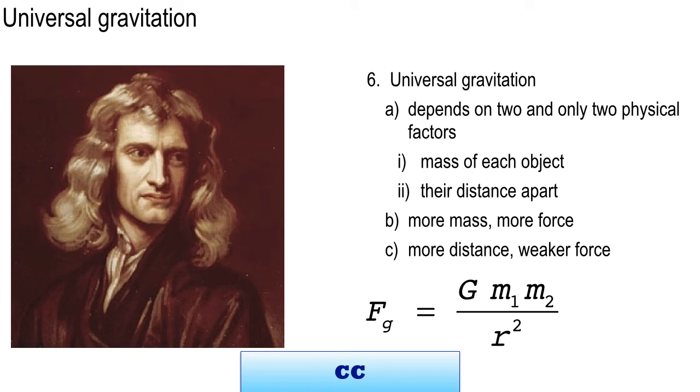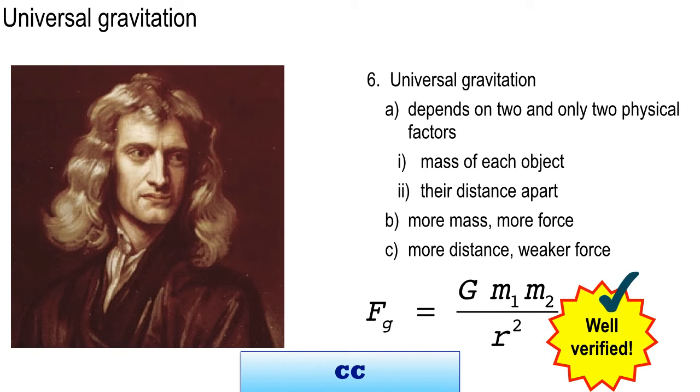So kilogram squared per meter squared, that's not a Newton. To get a Newton, you multiply by G. And its value, I believe, is 6.67 times 10 to the minus 11 in the metric system. And that'll convert you.